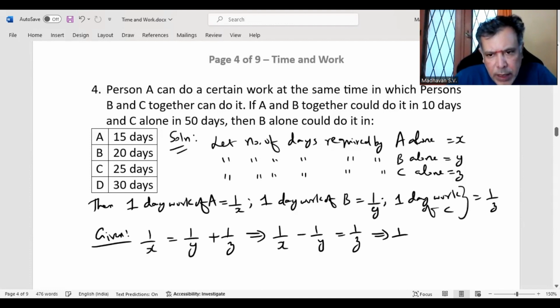So 1 by X minus 1 by Y equal to 1 by 50. Let me call this equation 1.